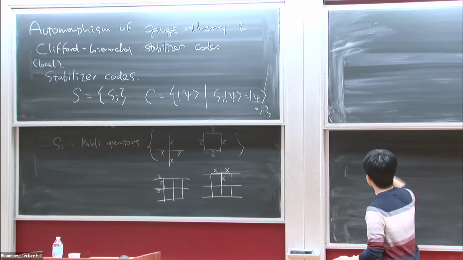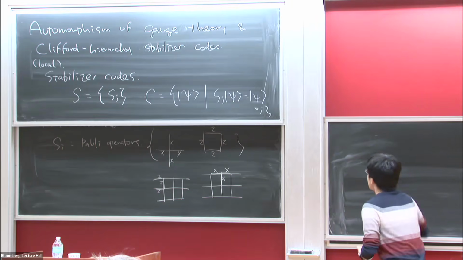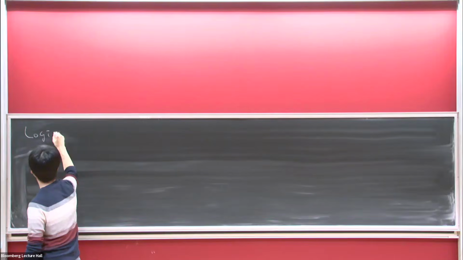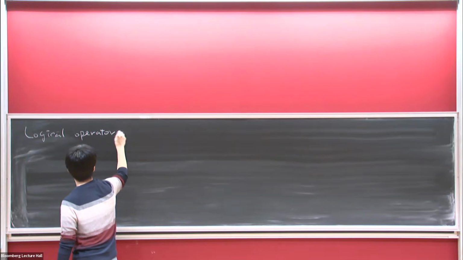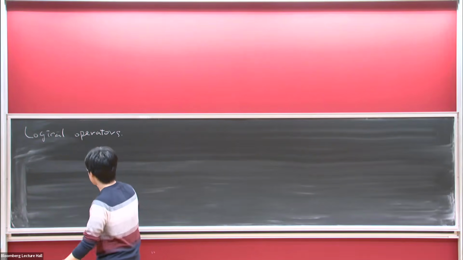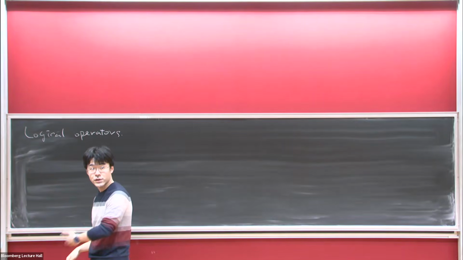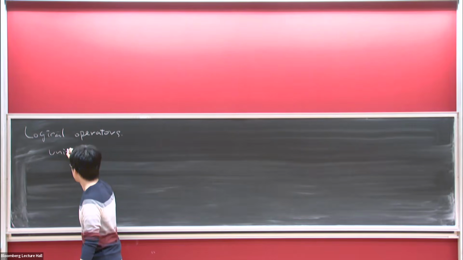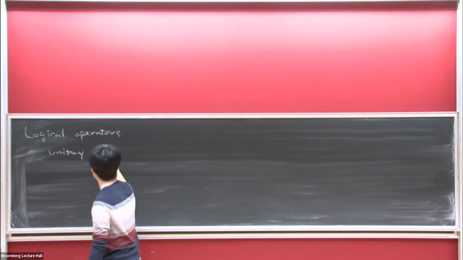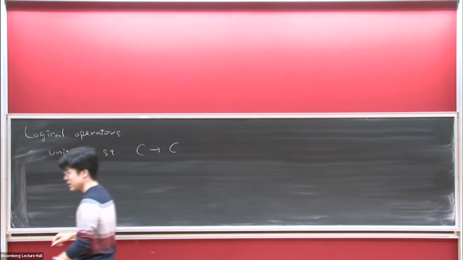This is called a logical operator. A logical operator is simply a unitary operator acting on the qubit systems, which acts within the code space, which just preserves the code space.